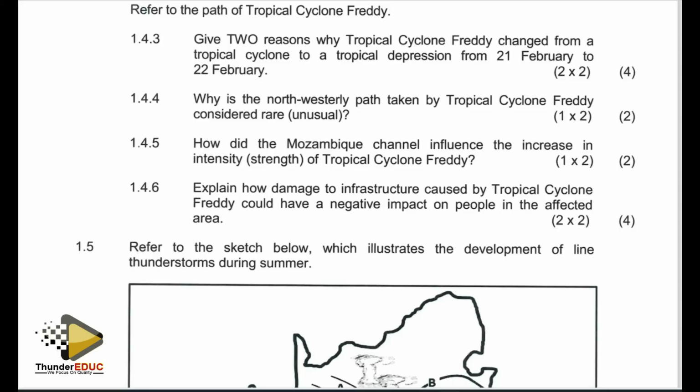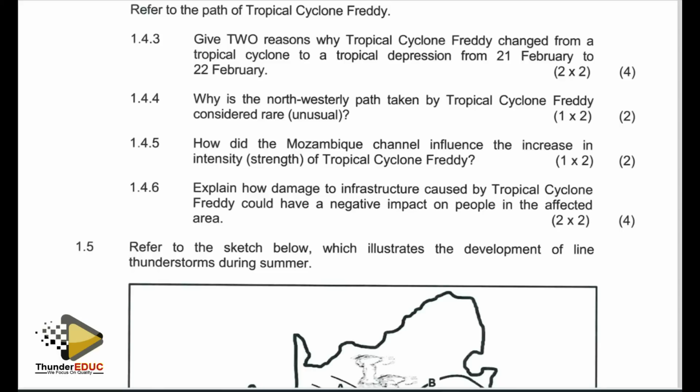And why do they move in that direction? It's because they are under the influence of the trade winds or the tropical easterlies. That is why they move in that direction. But if we check for this path here, for this tropical cyclone Freddy, we also tend to find that because of the combined effect of this movement of the tropical cyclones being driven by the trade winds, the trade winds also are influenced by a Coriolis effect, which will also cause them to deflect.